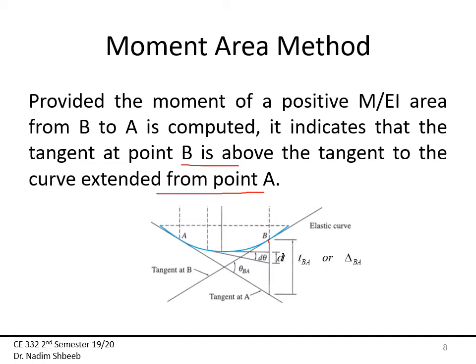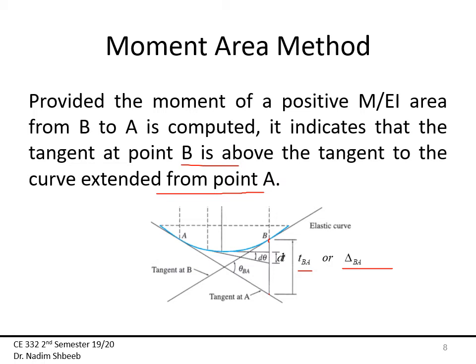If I just assume some elastic curve and then I get a negative area instead of a positive, then I know whether my curve is right or wrong. I will talk about it more during the examples.